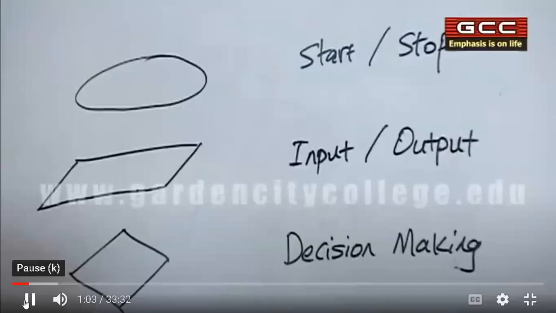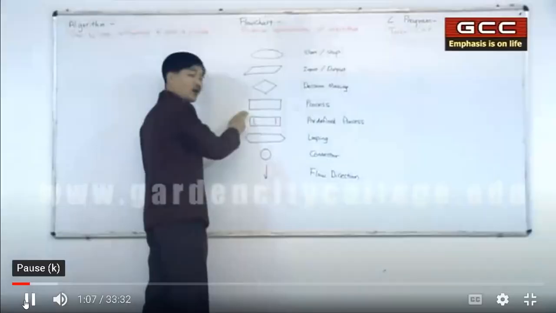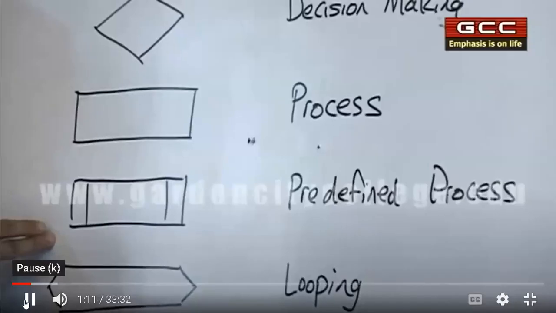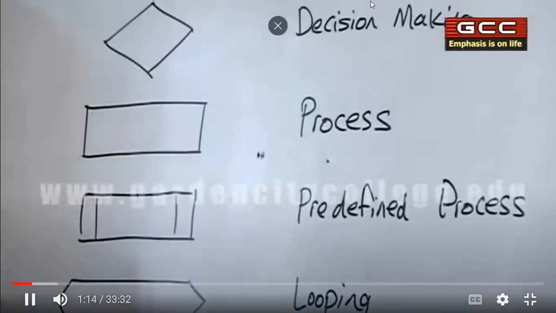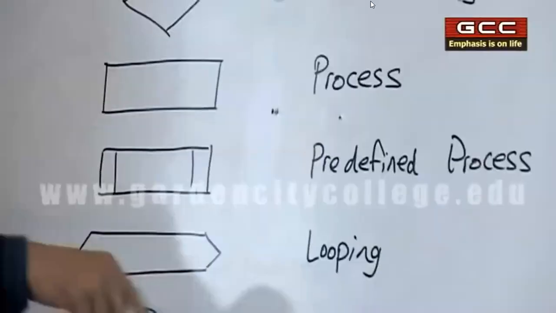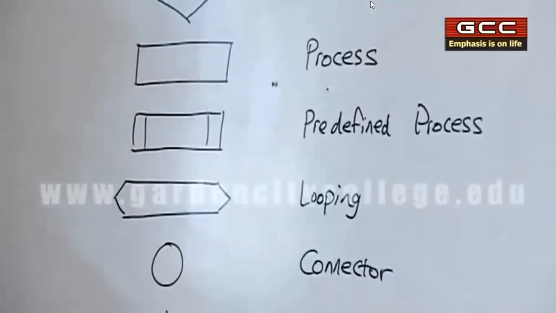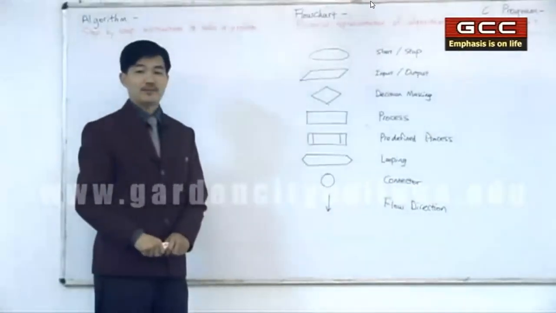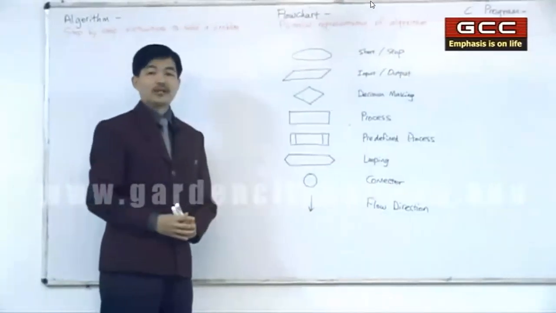The diamond box is used for decision making, while the rectangular box is for process. There's also a rectangle box with added symbols, which is a predefined process. This symbol represents looping, this circle represents a connector, and the arrow represents flow direction. All these will be used in our explanation.